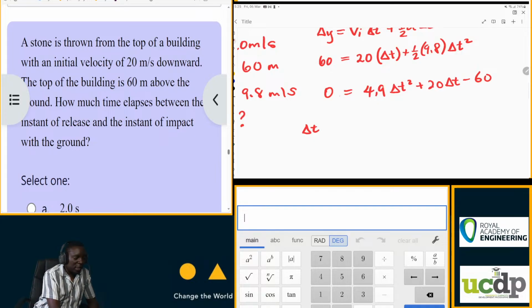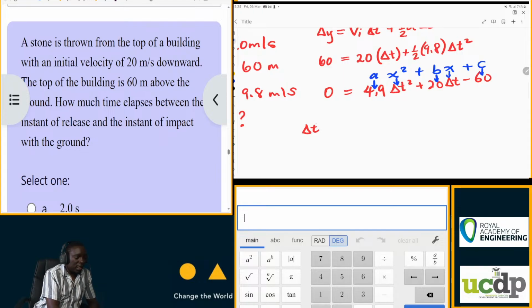So this is ax squared plus bx plus c, where a is 4.9, x, the unknown, is delta t, b is 20, and c is minus 60.